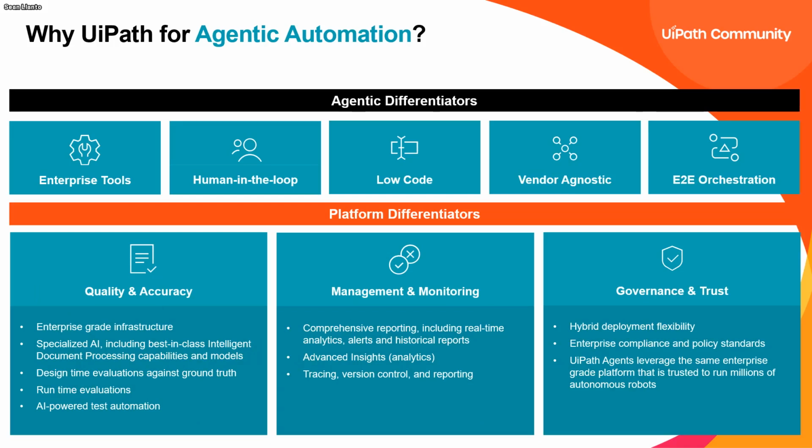You have insights available for you, and of course governance and trust. When we talk about AI, I think this is one of the first things we would think of: are we able to trust our solution? Is the solution compliant against our standard policies? Do you have an enterprise-grade solution?